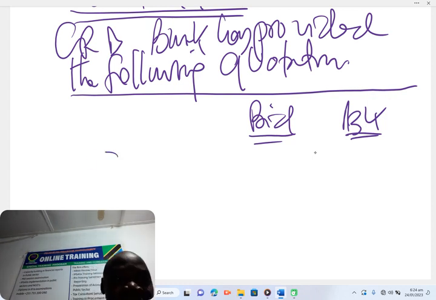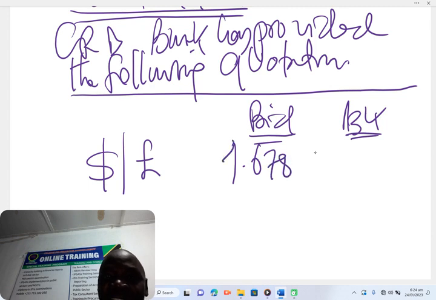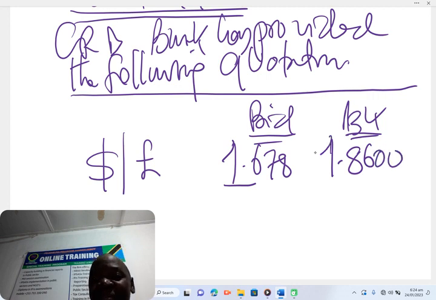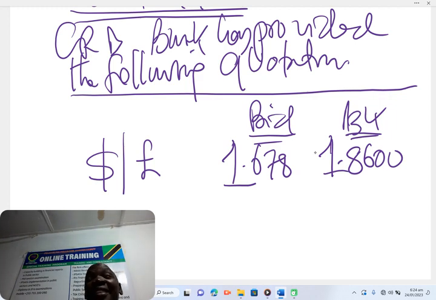Now this is dollar stroke pound. Dollar stroke pound, then 1.678 against 1.8600. That is the given quotation price.